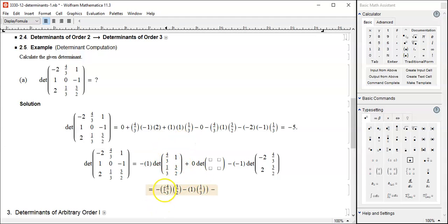So AD minus BC, we just did that, and then minus was there before. And minus, this becomes plus, and then AD minus BC. Minus 2 times 3/2 minus BC, 4/3 times 2.